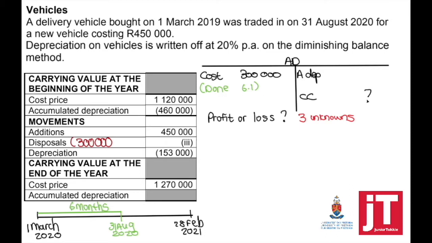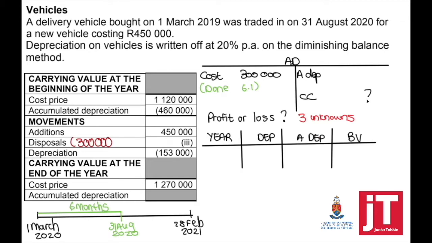And to do that, and this is just a format that you can use, you don't have to do it in this way, you can open up columns to indicate the year, the depreciation, the accumulated depreciation, and the book value. And this is the part that actually appears on your fixed asset register.